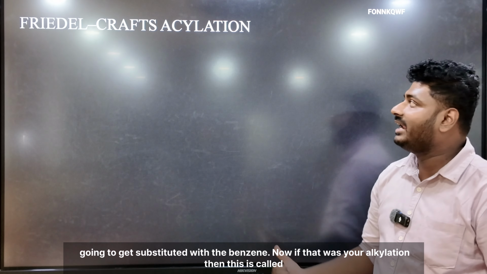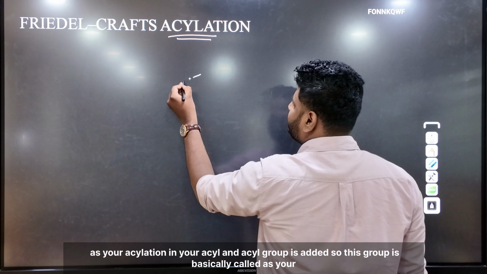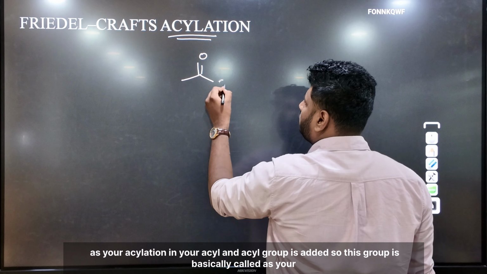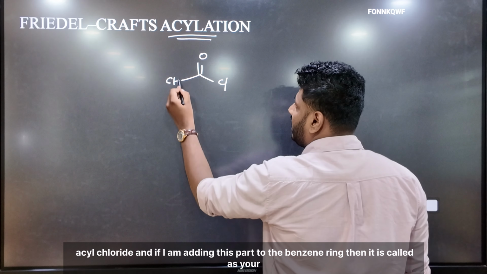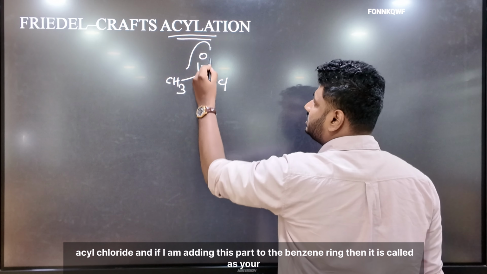Now if that was alkylation, then this is called acylation. In acylation, an acyl group is added. This group is called an acyl chloride, and if I'm adding this part to the benzene ring, then it is called acylation. So we can take another benzene.